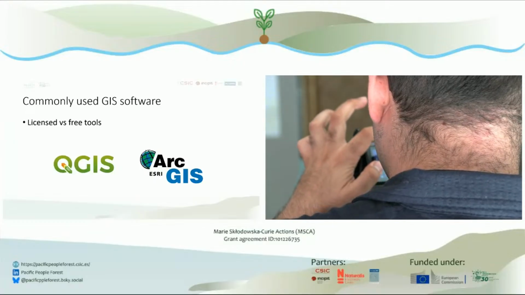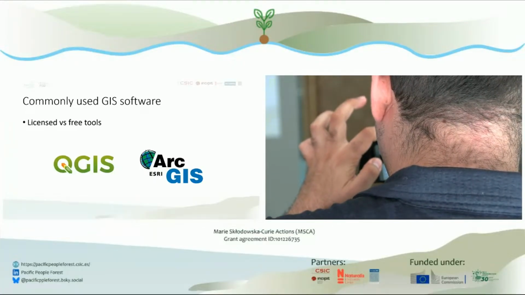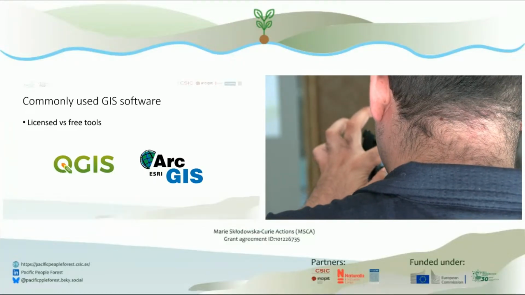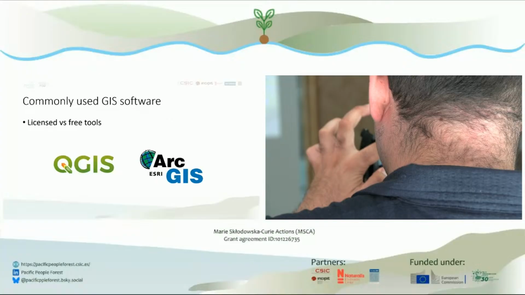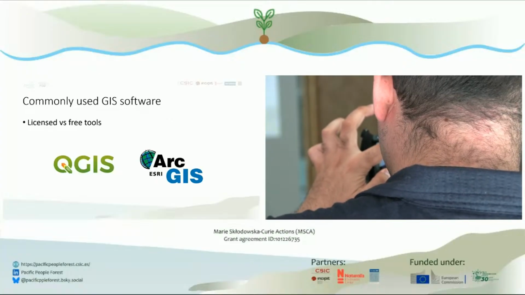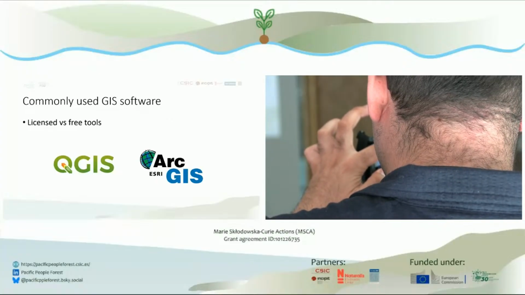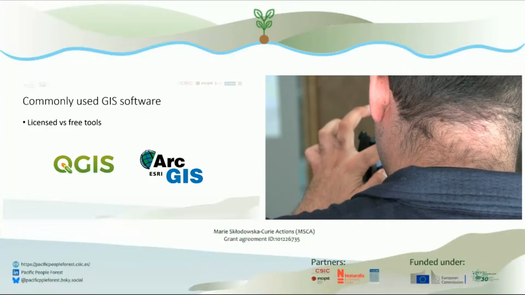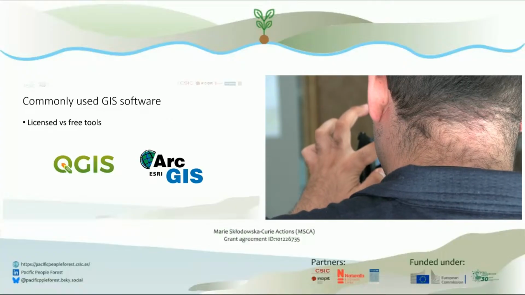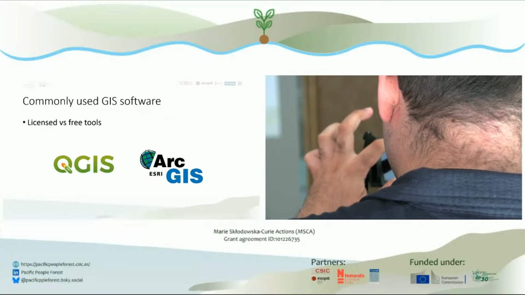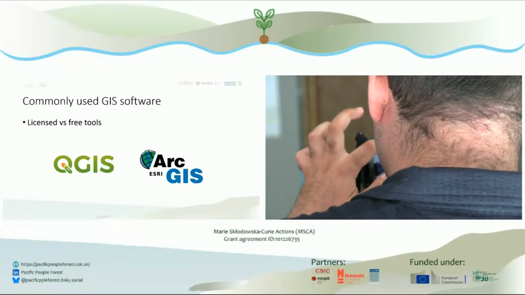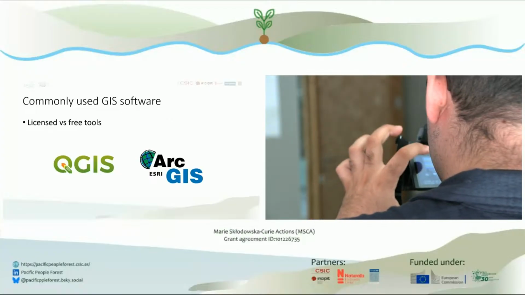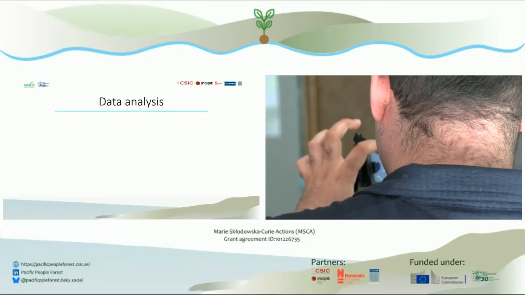But nowadays it's becoming more and more overtaken by free tools like QGIS, which is the one that Jesus will be using in his examples later on, and probably the one that you will be using in the field most of the time, because nowadays it's as practical, or in some cases even more practical than ArcGIS, and it has also the benefit of being free, which is something that is always good.